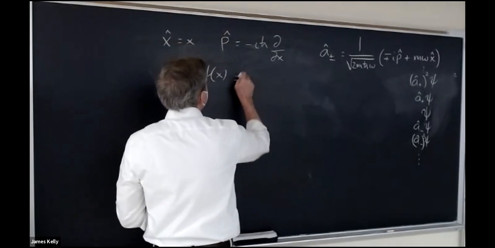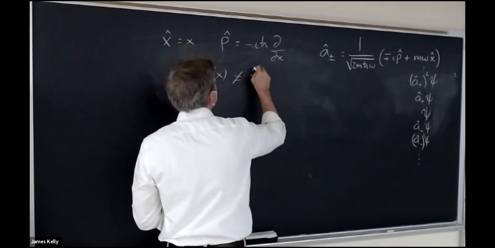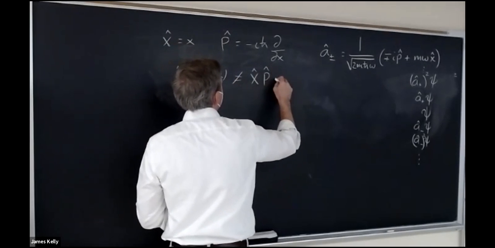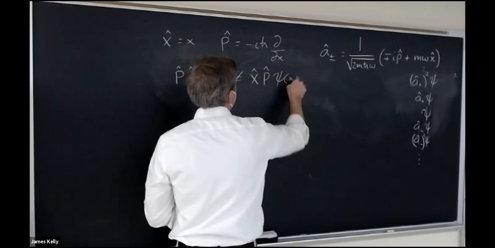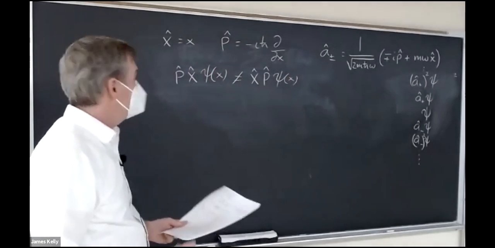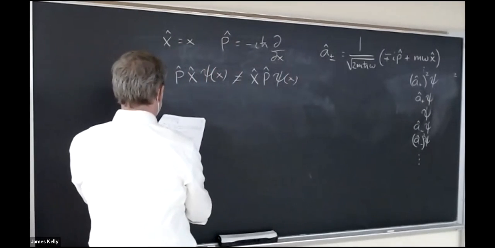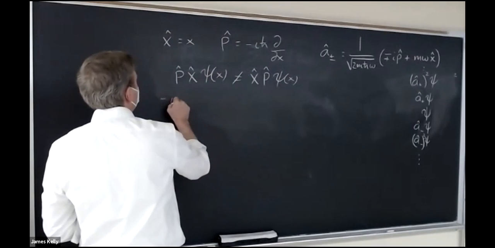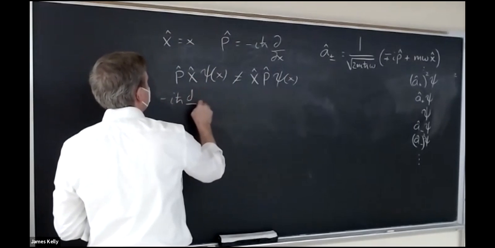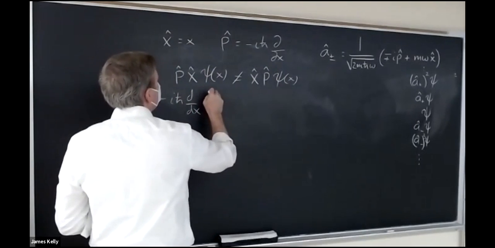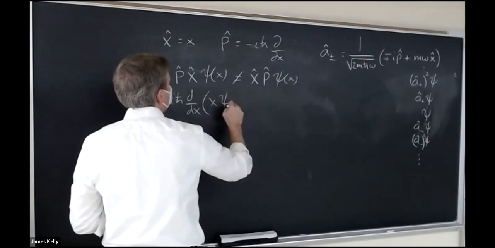This is not equal to the position operator followed by the momentum operator operating on psi of x. And that's because when we substitute in there, here we have a minus i h bar d dx of x times psi of x.